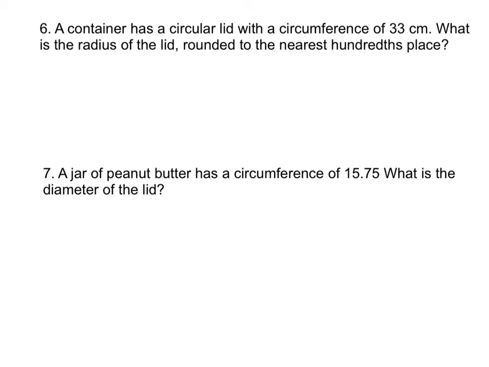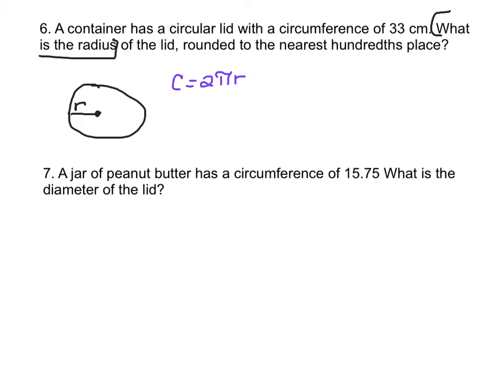So I have this circular lid of a container. It's talking about a radius, but it's asking for what is the radius. Since I don't know that, I'm going to put my r. It's talking about circumference, so I'm going to write my formula.